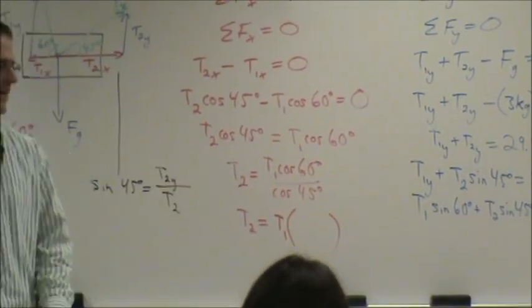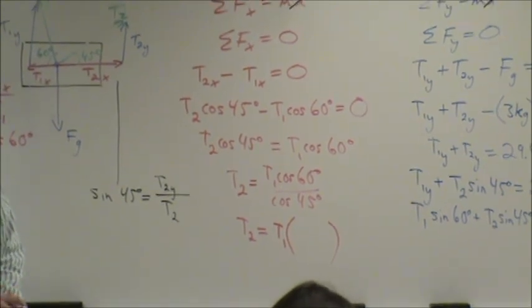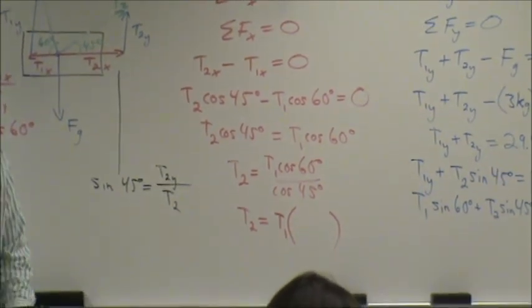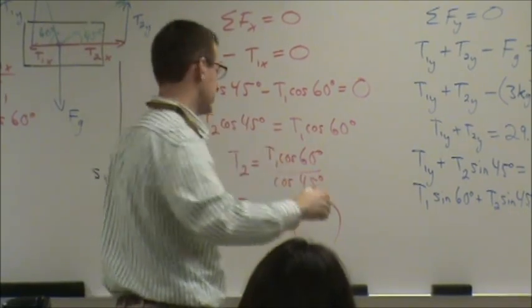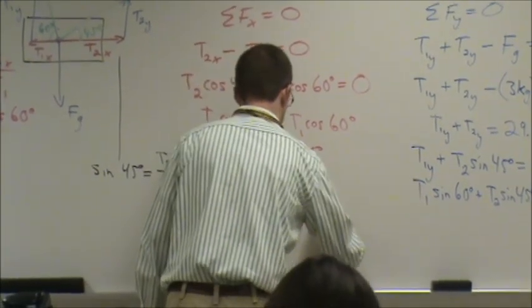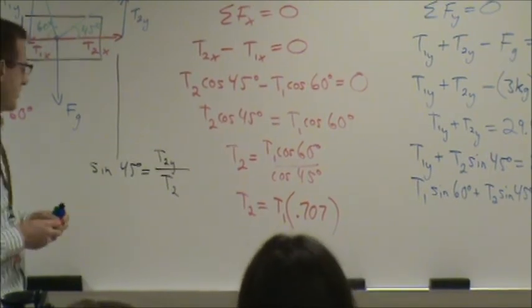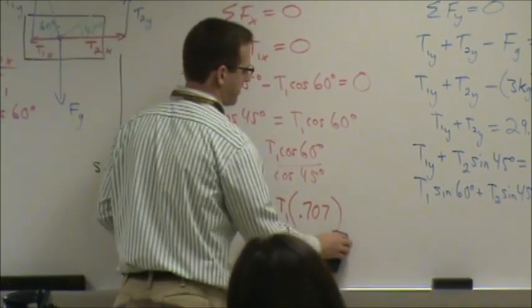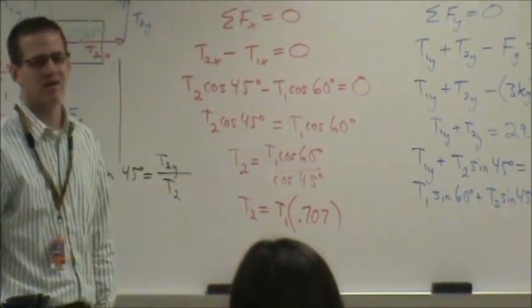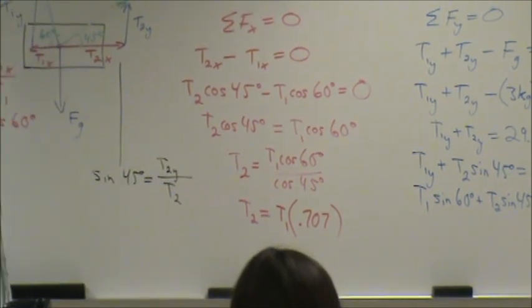Anybody get it yet? Cosine 60 divided by cosine 45? 0.707? That's good. We've reduced this down to a pretty simple equation. What do you do with that though? You still have two unknowns in that.